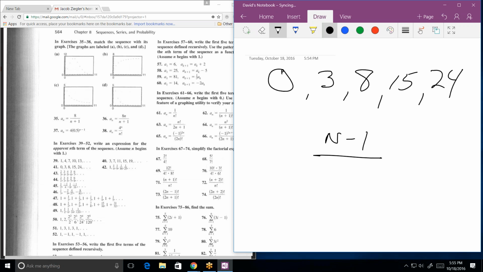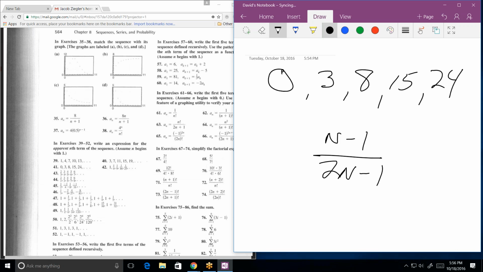And if I make the bottom n plus 2, that's not going to, I think I got what it is.